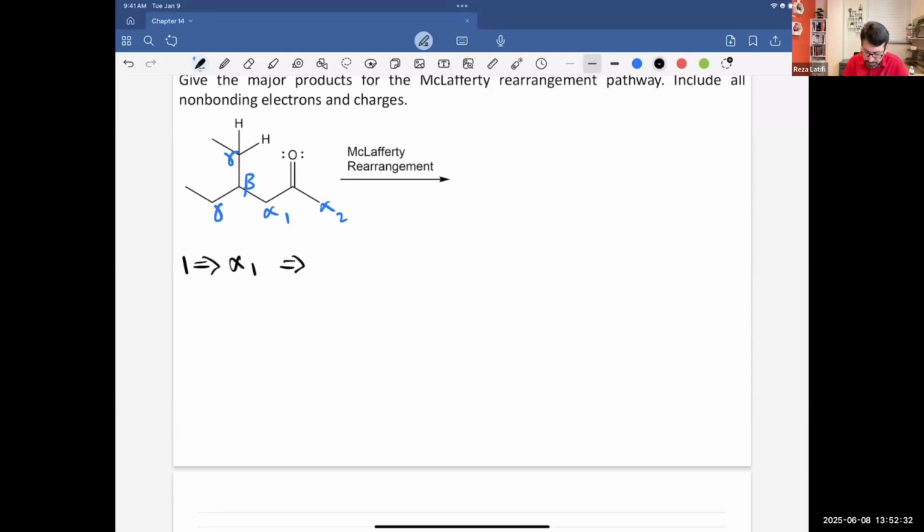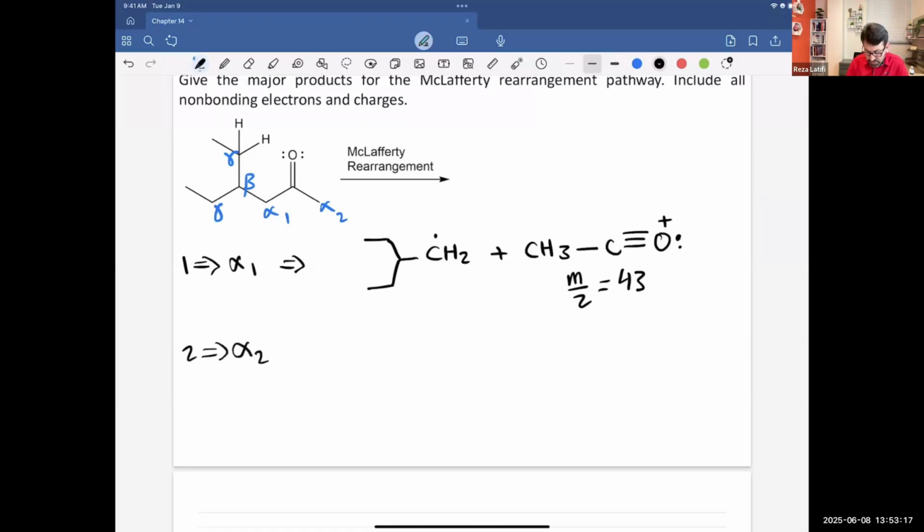We will get a CH2 radical attached to this species, plus we will get CH3 attached to carbonyl, and the carbonyl can form a triple bond with oxygen, and it will give us an M/Z of 43. For the second alpha cleavage, this time we're going to go through this bond.